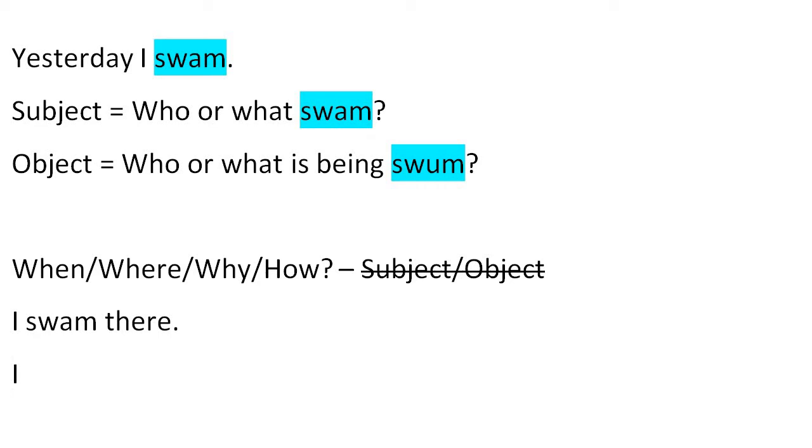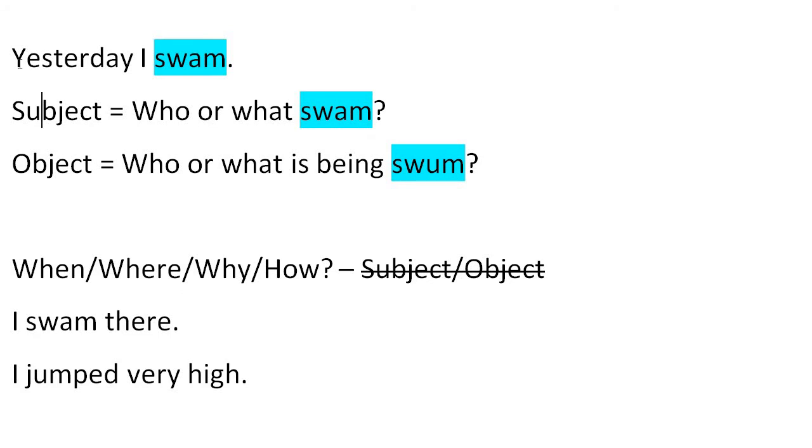Okay, I can say I jumped very high. And your instinct would be to say, oh, high, that's my object. But it's not, because high is an adverb of manner. It's telling you how you jumped. You can't really say what was jumped. Okay? And when you see this, you have to make sure to look for who or what. Otherwise, it's not going to work, right?